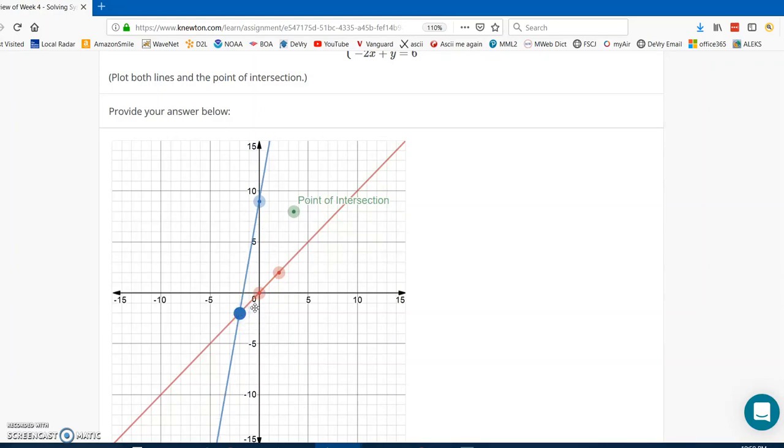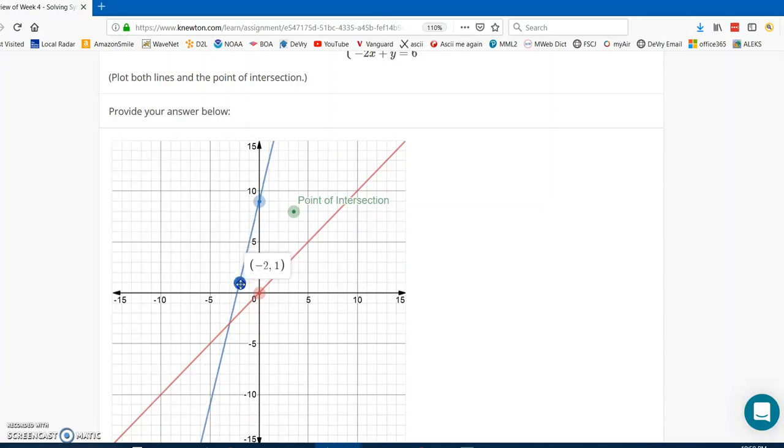That's that point right there. By the way, if you click on that point, it will tell you what the ordered pair is if you're not quite sure if you're sitting on it. But I'm mistaken there. That point should be negative 2, positive 2. So I've got to fix that.